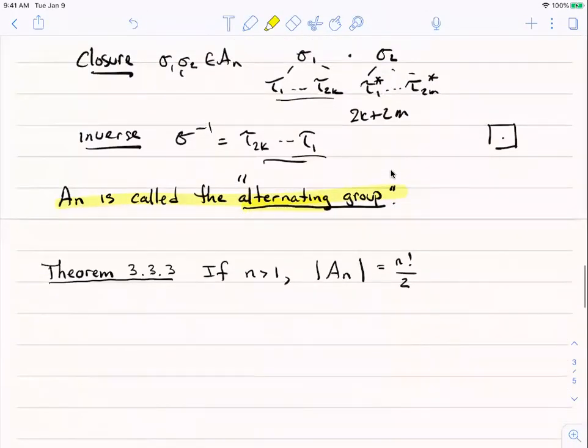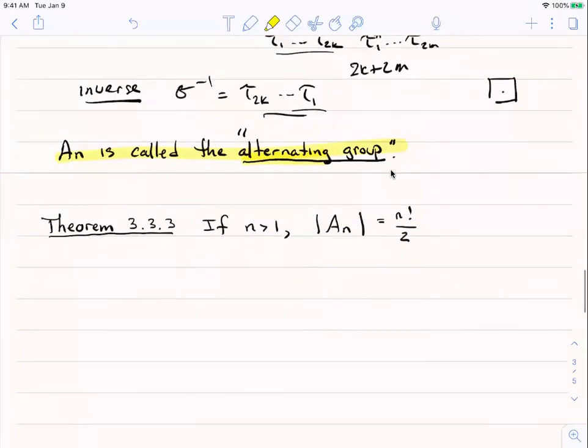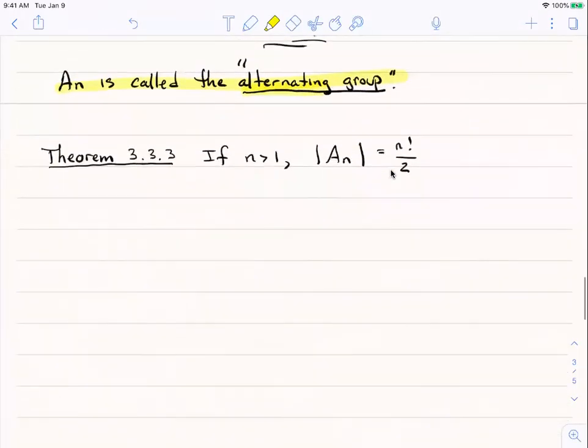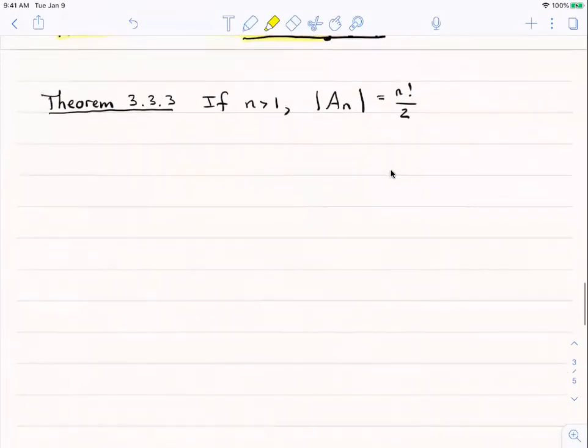Okay, last thing we're going to discuss here is Theorem 333. Theorem 333 says that if you're not in that trivial case, if n is at least 2, then exactly half the permutations in Sn are even. Half the permutations are even, half the permutations are odd. That's the idea.